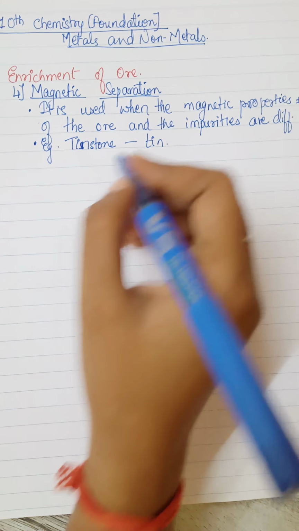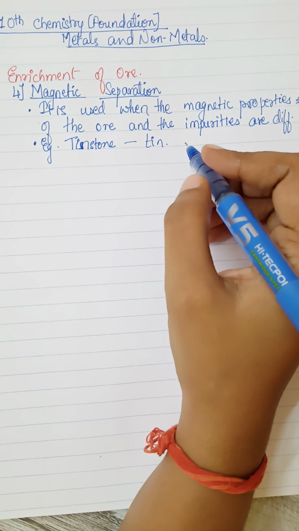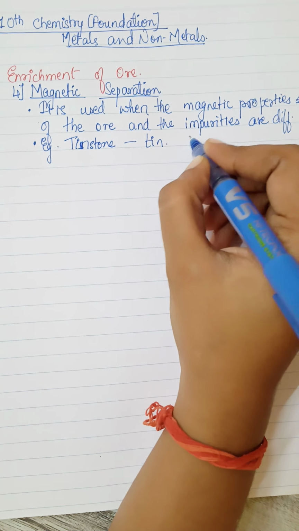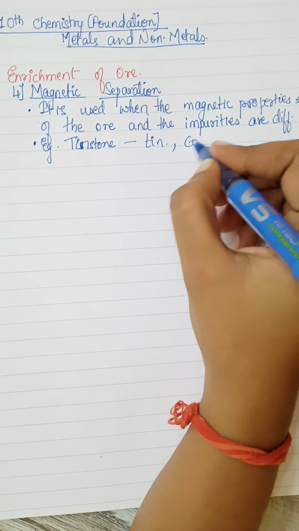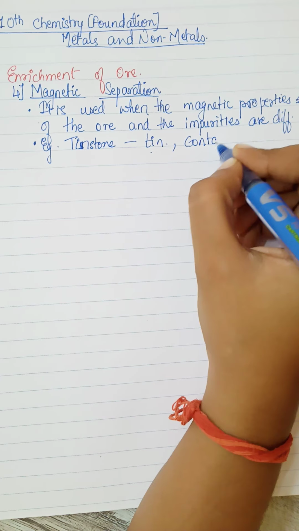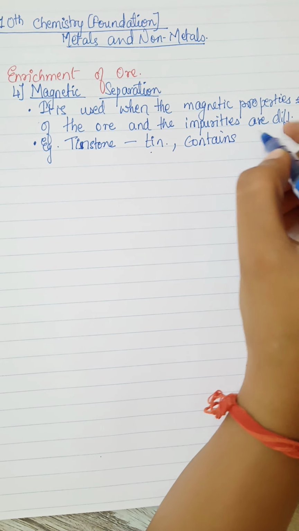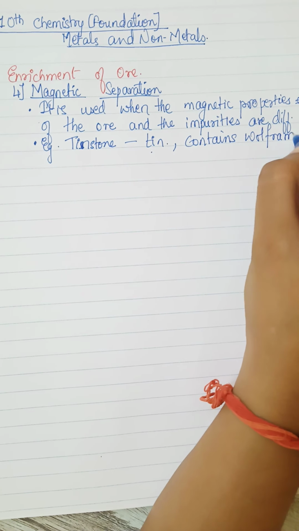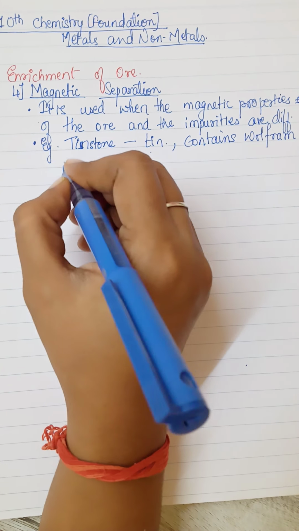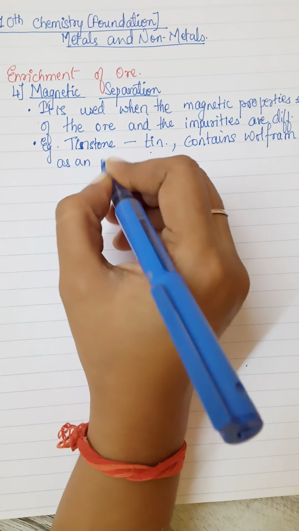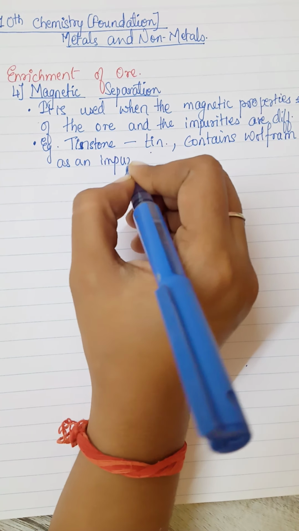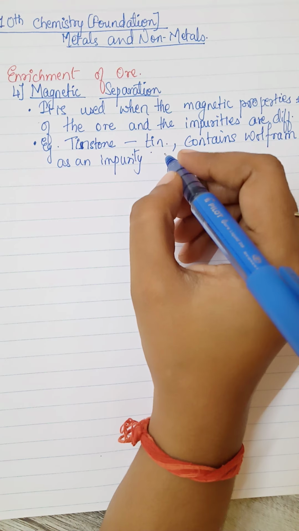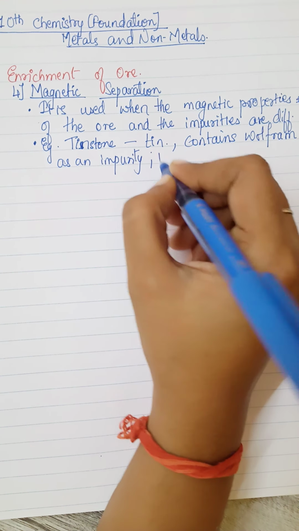Tin ore, as we have seen, contains wolfram as an impurity. The ore is finely powdered.